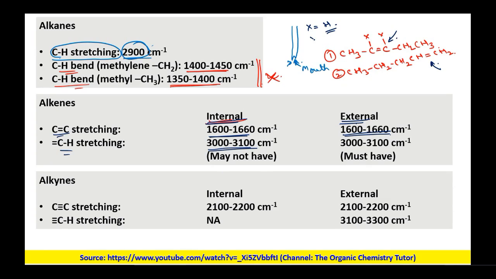However, if your X is equal to another functional group, say R, then this double bond CH stretching will not be present over here. Basically, it is the CH stretching associated with the sp2 hybridized carbon atom, and in the terminal group it must be present.